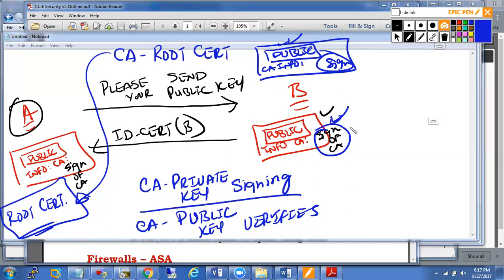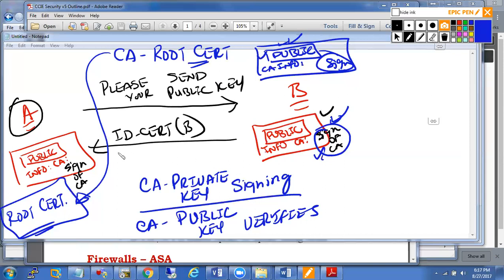Do you understand that? So what do I use to validate it? I don't need to actually go to the CA server to validate it. I have the root certificate of the CA server downloaded. In the root certificate of the CA server, I have the public key. The public key of the root certificate is the one that tells me whether this is the right signature or not.